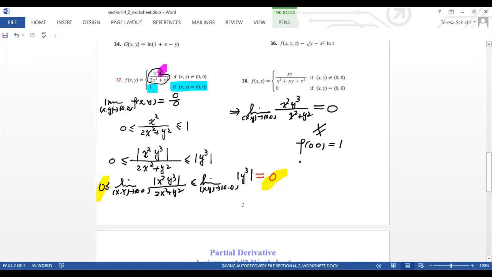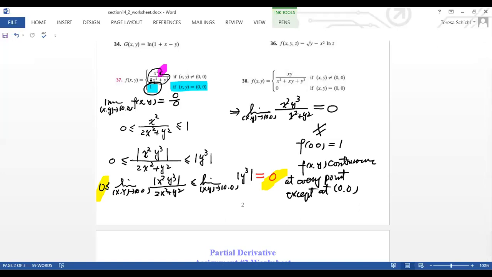So we say the function f of xy is continuous at every point except at 0, 0. Even though they give you the function value, your function value does not equal the limit you approach.